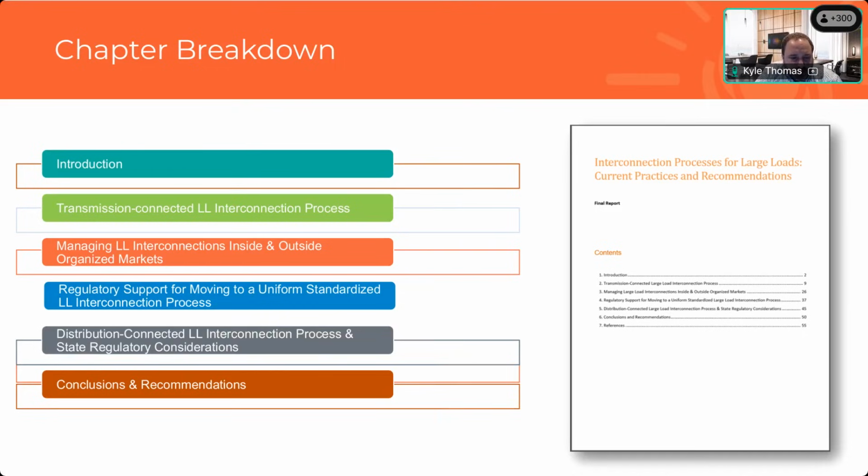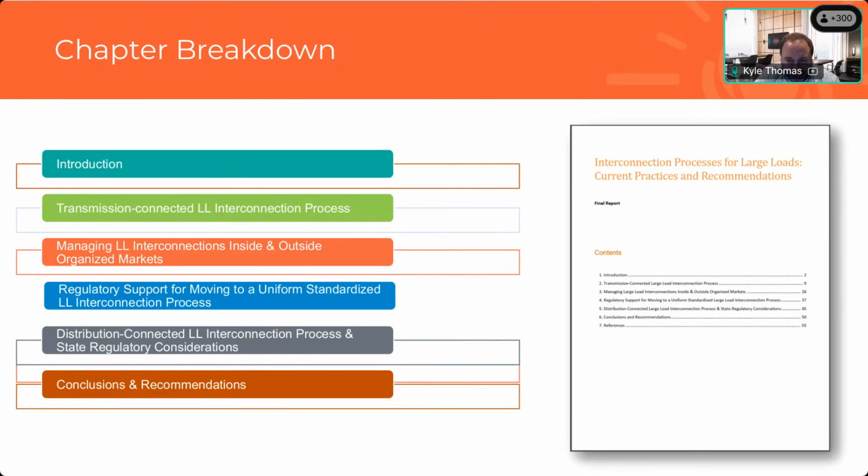And we didn't want to not include the distribution world as well. So this is not a core focus, but we do have a chapter that talks to the distribution connected, for lack of a better term right now, large load interconnection process. So this would be large load type facilities that connect directly to the distribution system, specifically think of under 30 megawatts, under 50 megawatts in size.